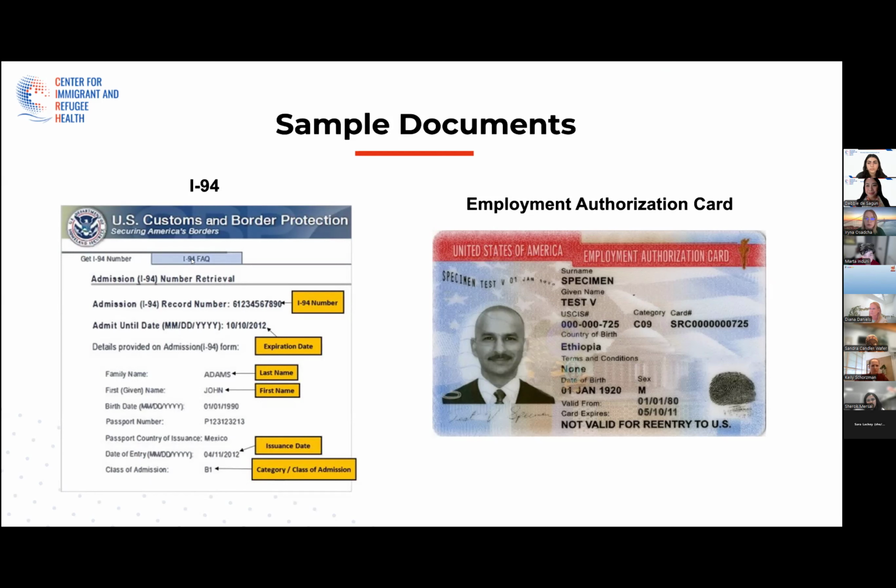If you don't have an I-94, but you have, for example, a passport and you know the date of birth of the kids or family member, you can get this information online on the official website. The same goes for employment authorization. This copy shows the category of the eligibility group, C11, and also the alien number, which Jasmine was talking about before. This will usually show in this section.